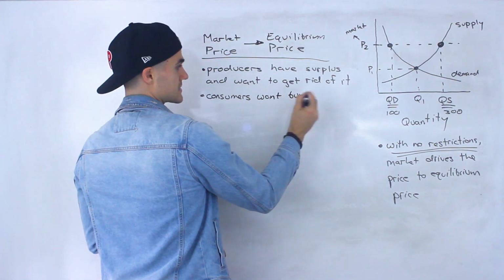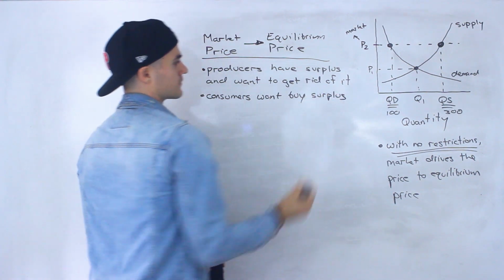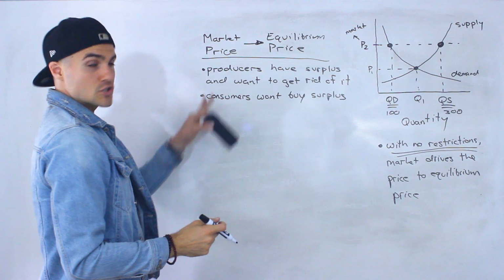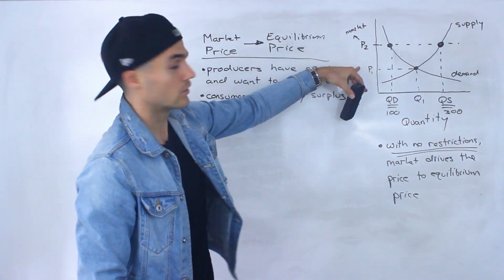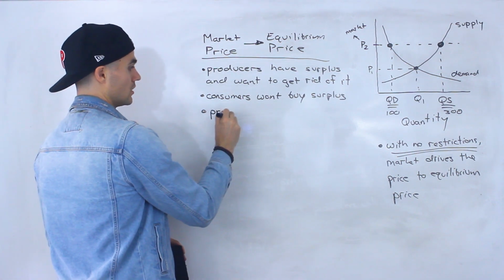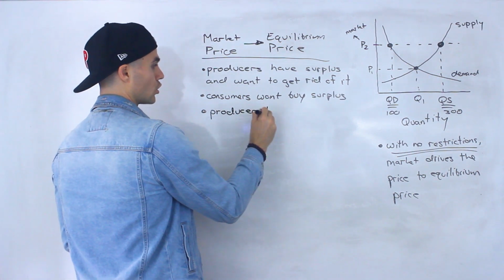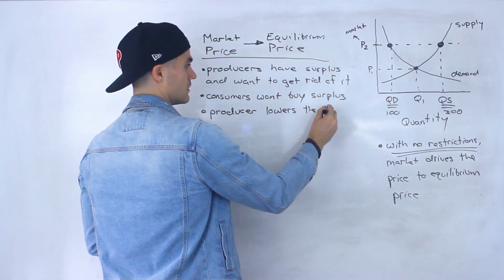They won't buy that excess inventory. And so, unfortunately for the producer, the only way that they're going to get rid of it is they got to lower this price here. So the next step is that the producer lowers the price.